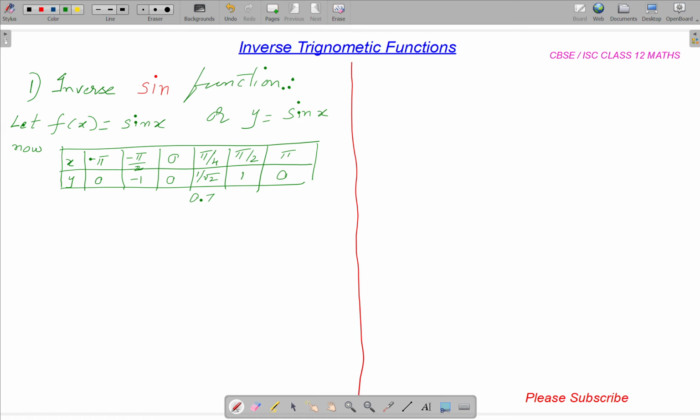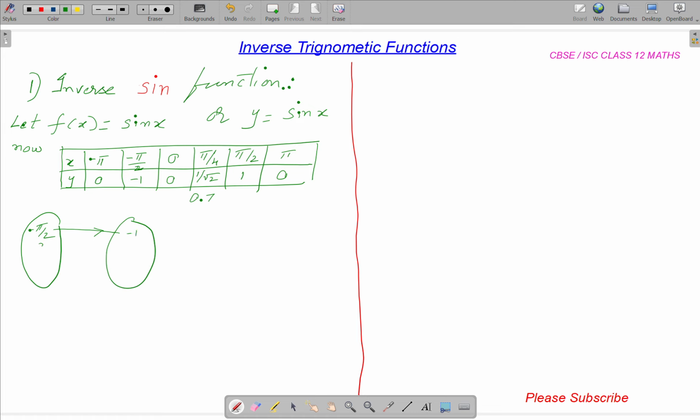Let us put these values in a mapping. Now, when x is equal to minus pi by 2, its value is minus 1.